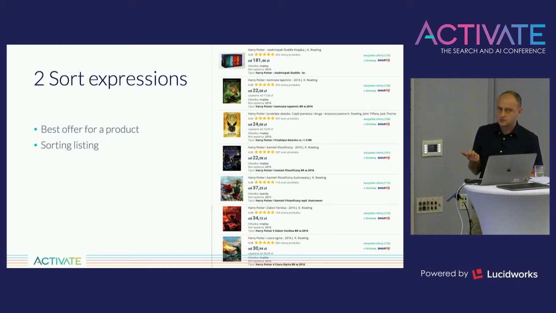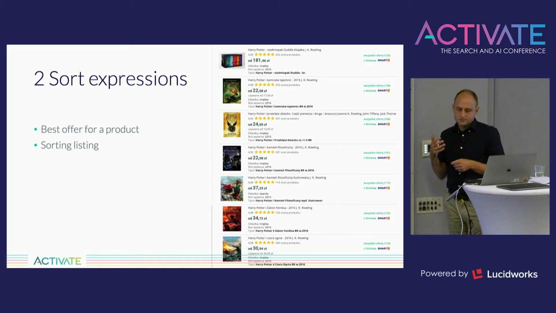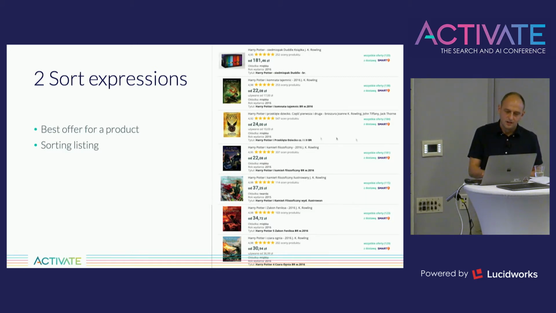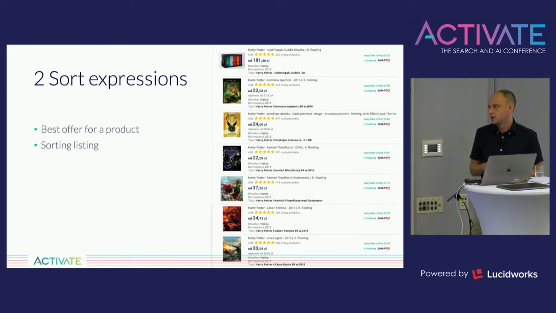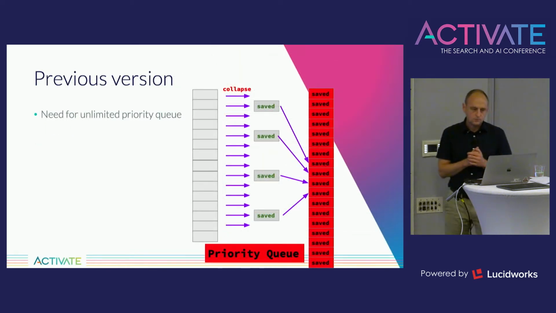To give you an example, we would like to show a product listing where for each product we would present a best-selling offer, and the user was allowed to change the sort order of the listing to the best delivery time or best price or any other sort expression.